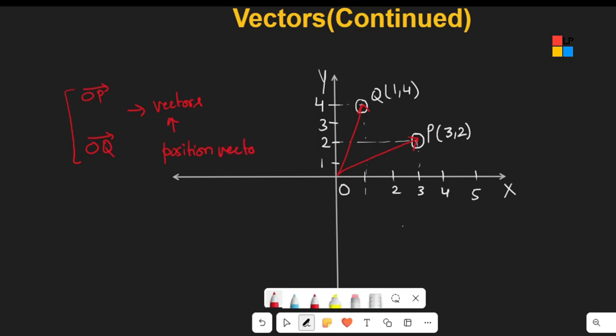Now the question is why they are called position vectors. Look, this origin has coordinates 0, 0.